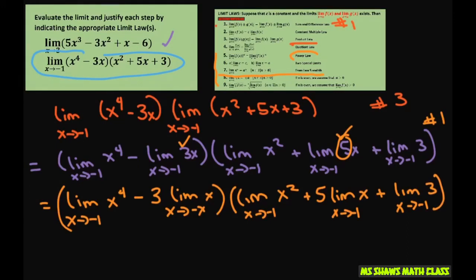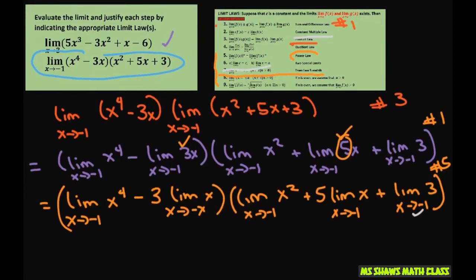Now, this one we used was number 5. Now we're just going to evaluate, and we have to use the constant multiple. We're going to use limit number 6 for this one. So the rest, we just put it all together.